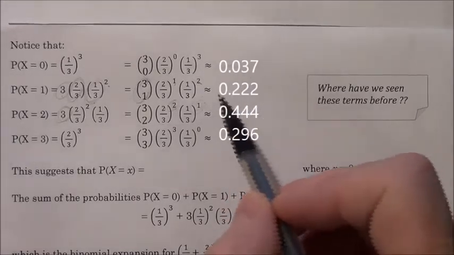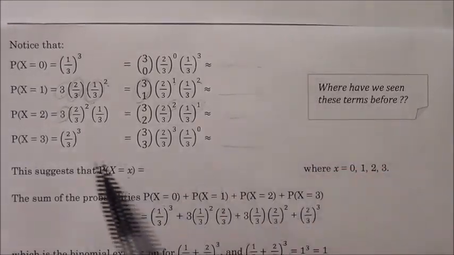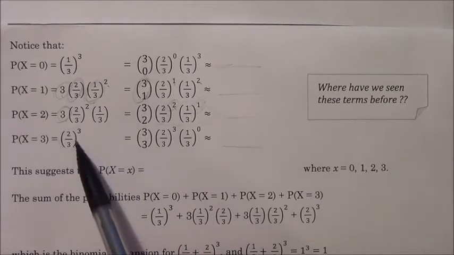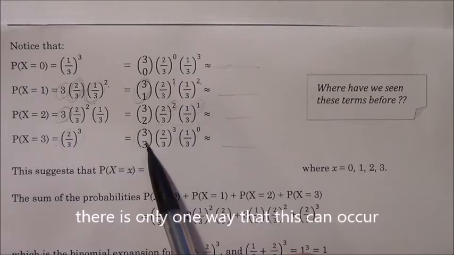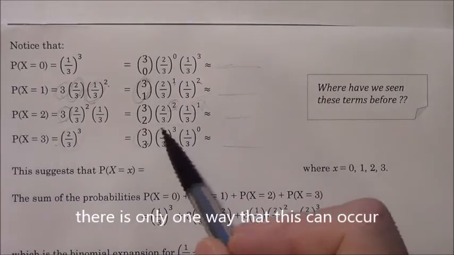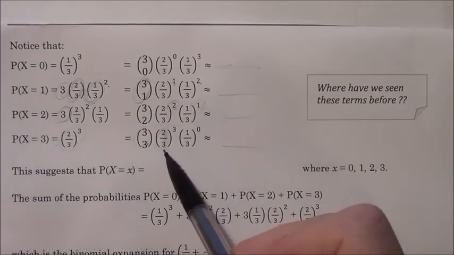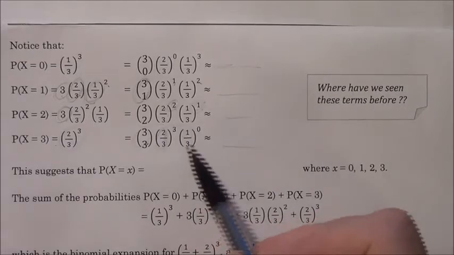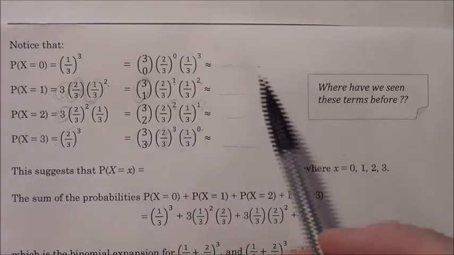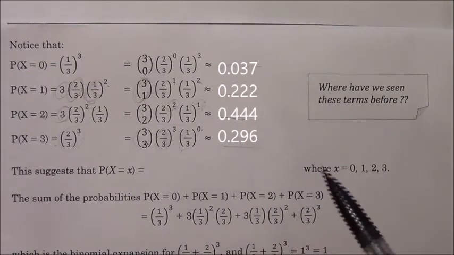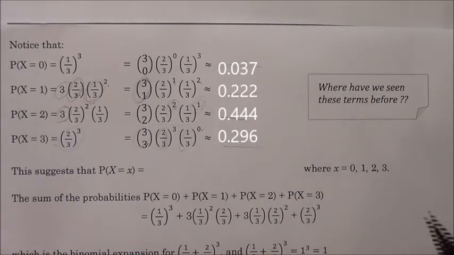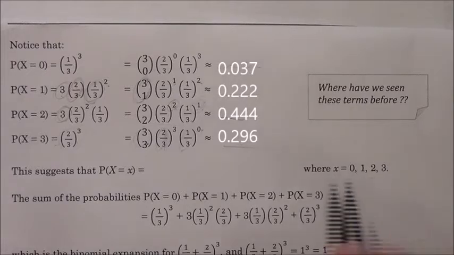When it's successful 3 times, we can just say 3 choose 3. That only happens 1 time, and the successes occur 3 times, and the failures occur 0 times. So if we write down all those probabilities together and add them together, that definitely should equal 1.